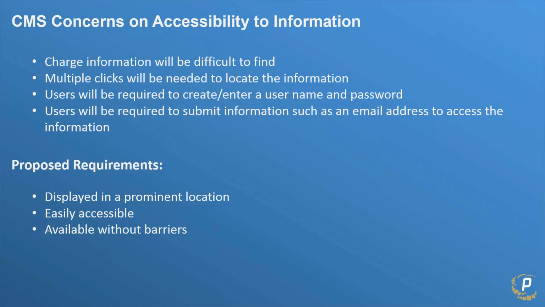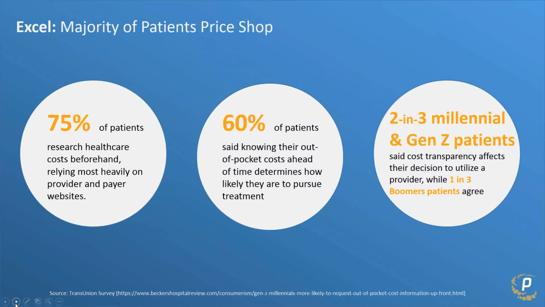It needs to be easily accessed, and it needs to be found easily and available without barriers. I think CMS found that many organizations did have their current files buried on the website. Many organizations incorporated different requirements, such as a username or password, email address. Those things are going to have to go away, just so it's really easy for the patient to get to the information they need.